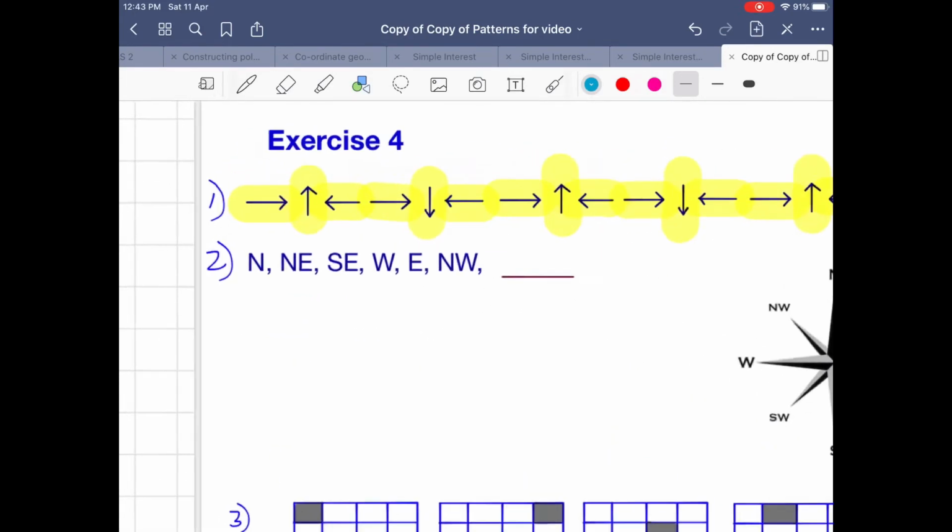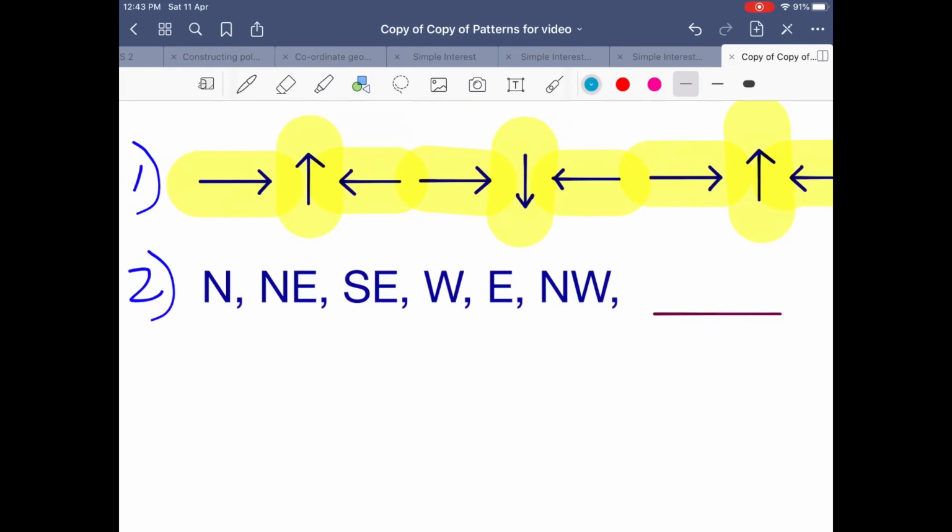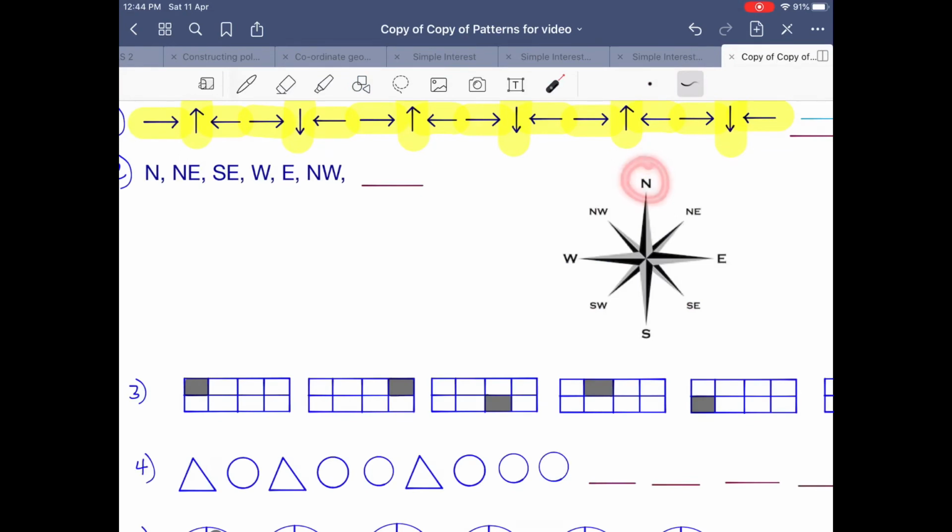Right, next we have this one. It is a little tricky. So we have north, northeast, southeast, west, east, and northwest. Let's draw it in and put numbers next to them.